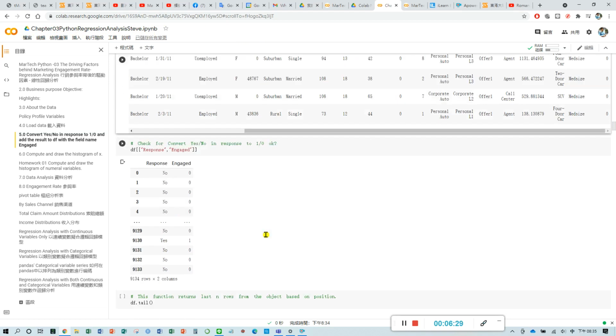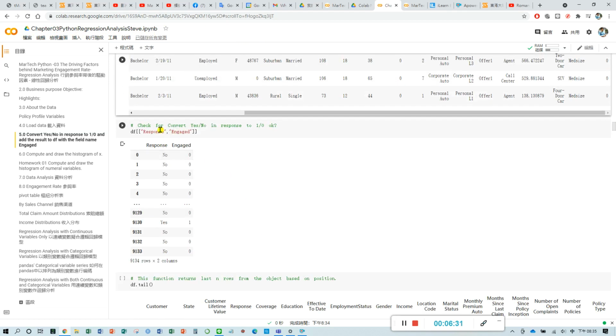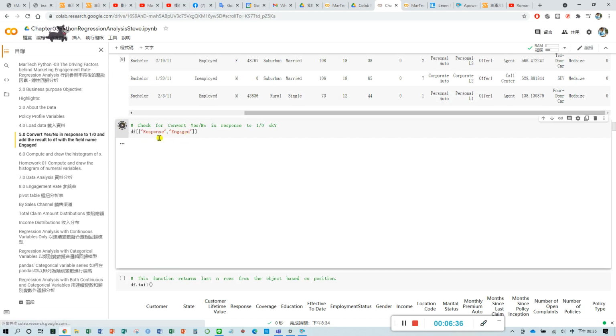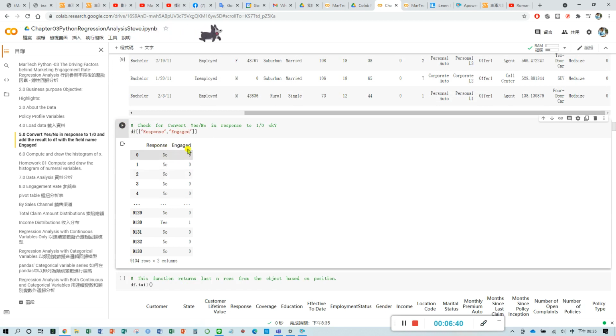Let me show these two variables, response and engaged. So you can see the computer does the right thing: 0 for no, 1 for yes.